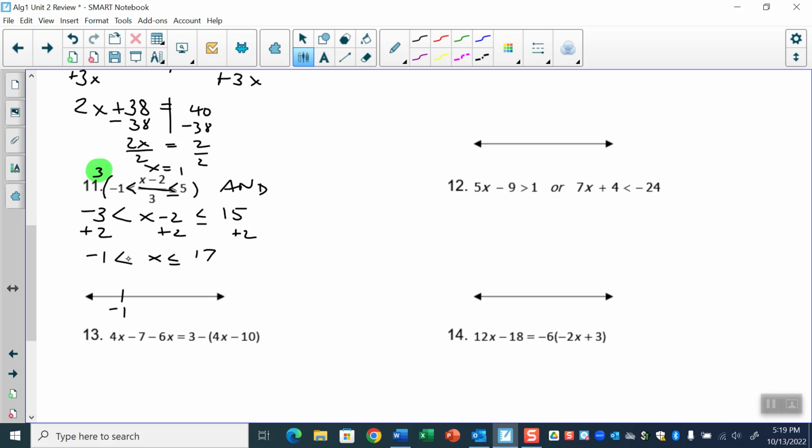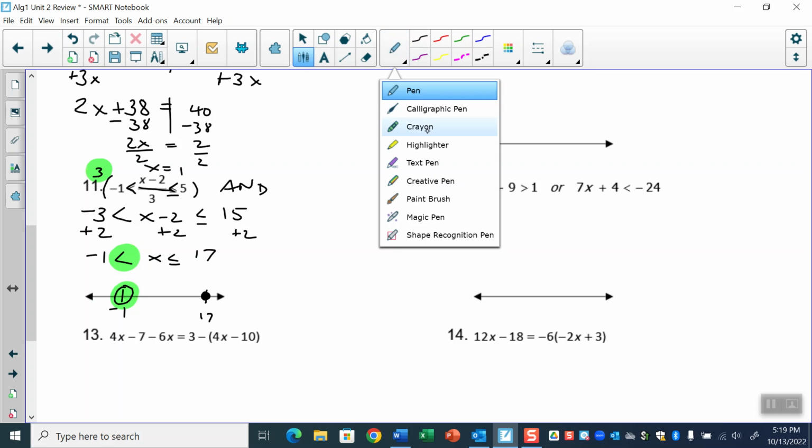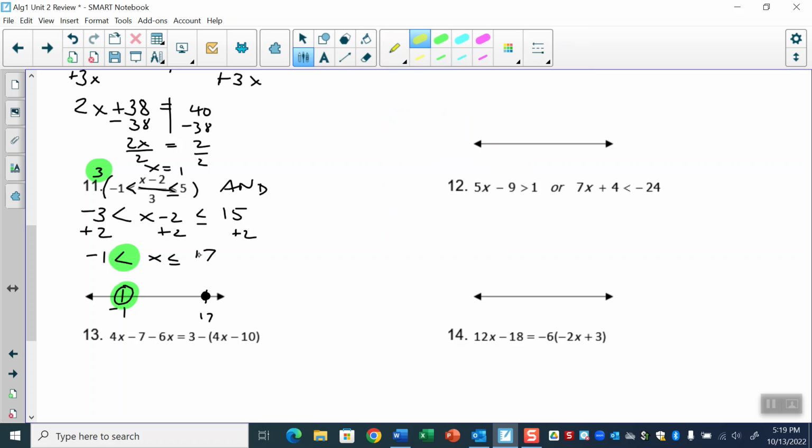So I've got a negative 1, open circle, right? If it's strictly less than, then that's going to be an open circle. My 17 is going to be a closed circle, because this is less than or equal to.